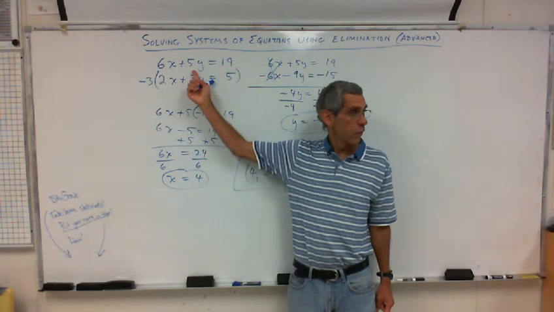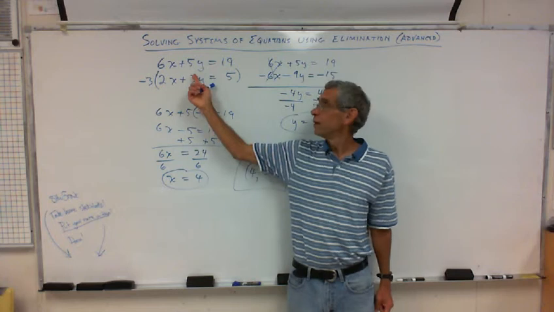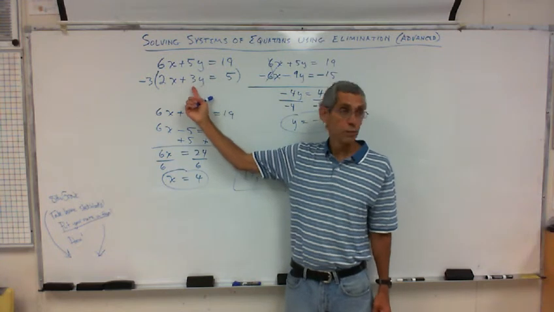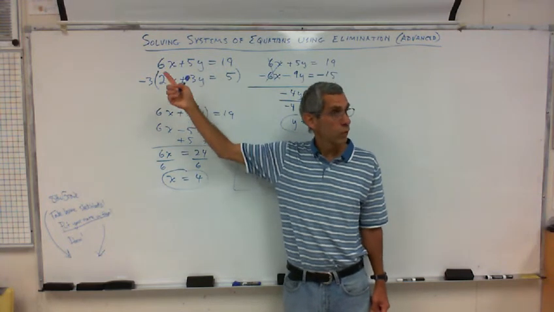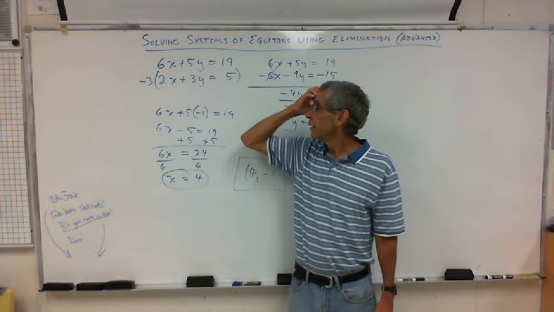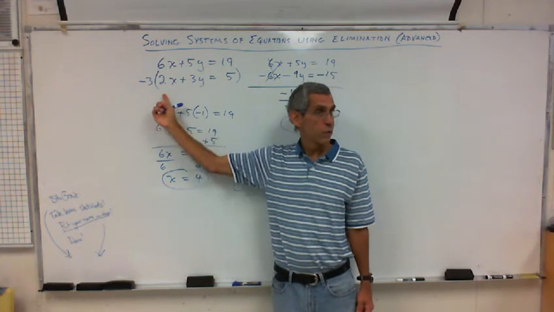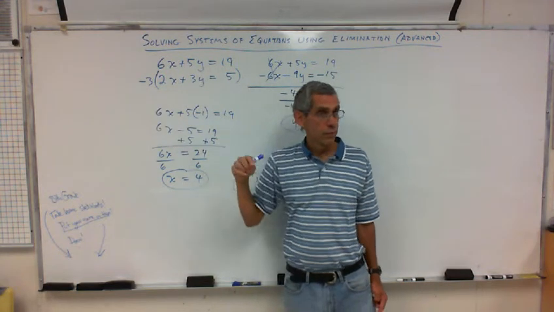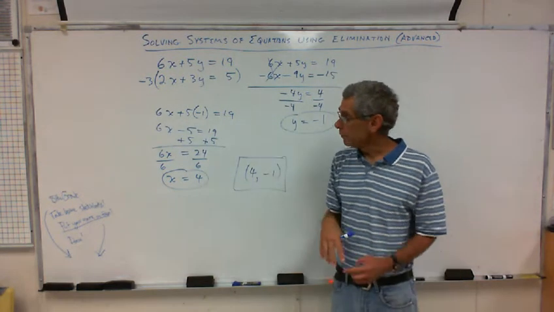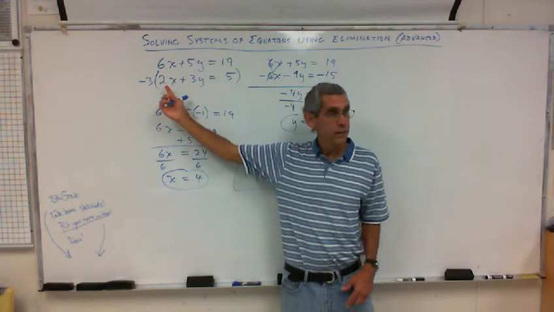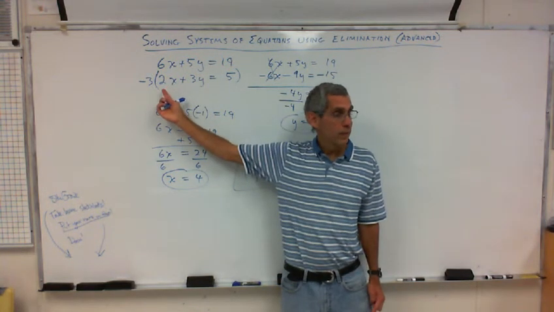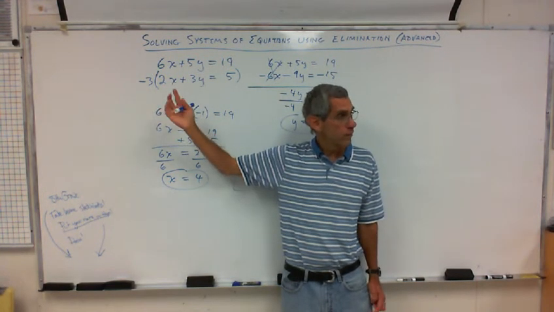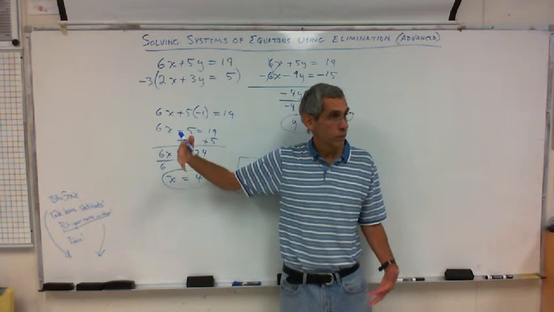In front of the y, I could turn this one into a 15 and this one into a 15. I'd have to multiply both equations, but it was so much easier to just multiply one equation by negative 3. But sometimes there is not an easy thing where you can just multiply one equation. Sometimes you have to multiply both equations.